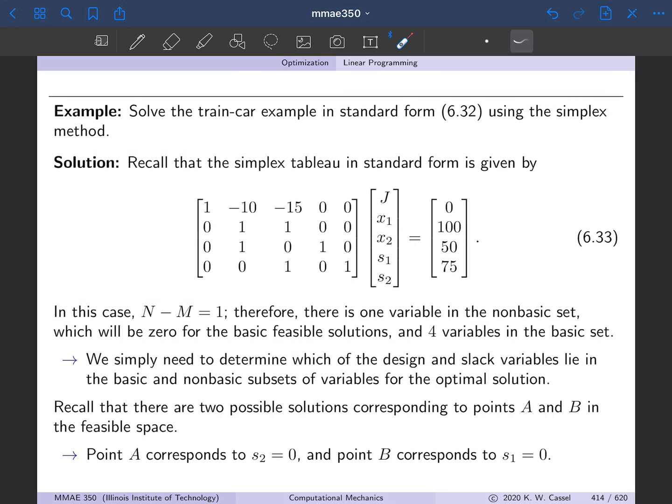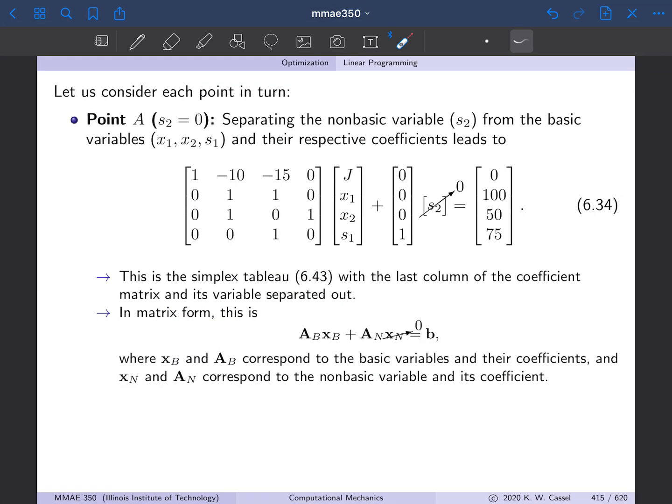So if you go back and look, here we go. So we're going to take out the S2. So for point A, that corresponds to when S2 is equal to 0. So to take out S2, we have to take that out along with the coefficients, which is the last column in our matrix that's multiplied by S2. And then we'll leave everything else.